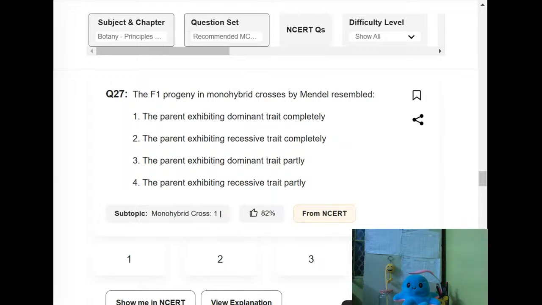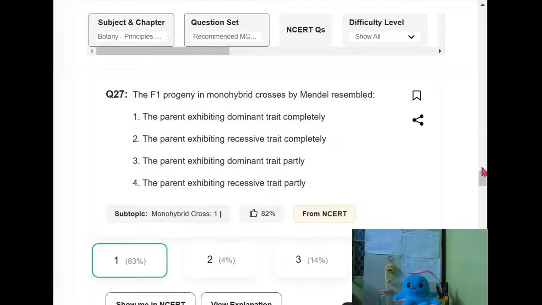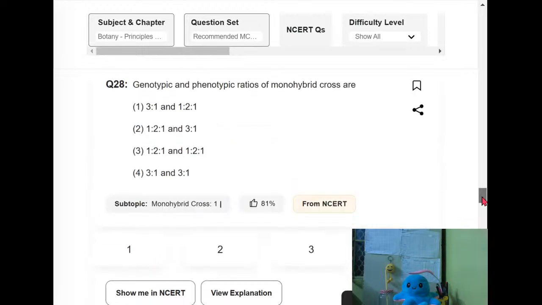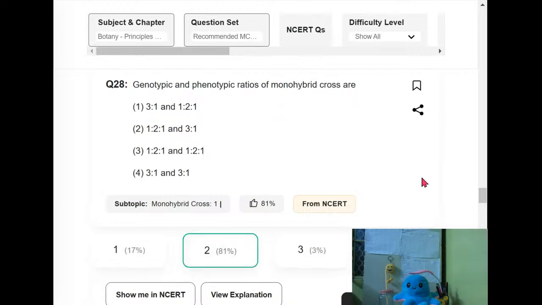The F1 progeny in monohybrid cross by Mendel resemble parent exhibiting dominant trait only, parent exhibiting recessive trait only, or parent exhibiting dominant trait partly. Completely dominant trait. Genotypic and phenotypic ratios of monohybrid cross are 1:2:1 and 3:1.